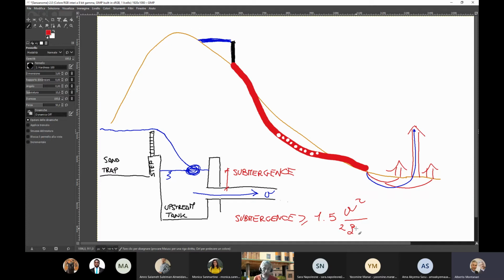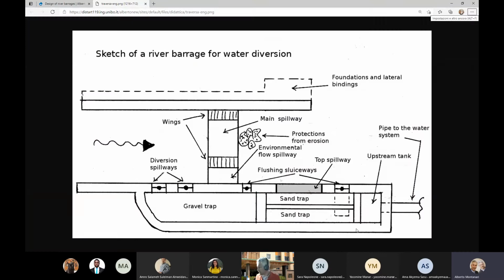This is a rule of thumb, a recommendation. So keep the submergence at least at 1.5 times the kinetic energy in the pipe.